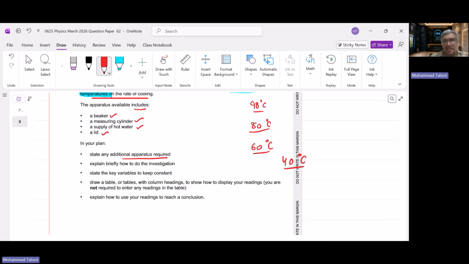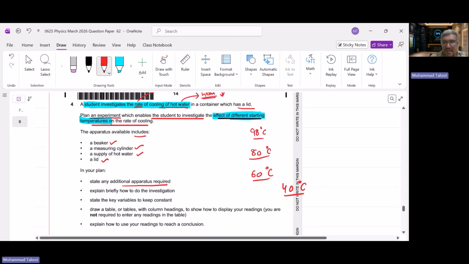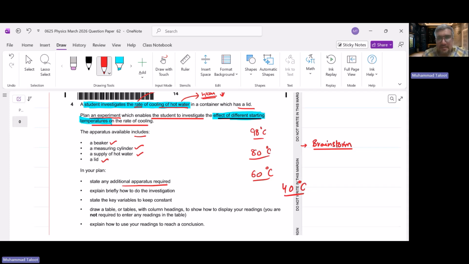Okay, before jumping into this, I write a point one: brainstorm. In this, I get the idea of what we have to do. So, dear students, we are going to perform an experiment by taking water at different temperatures.